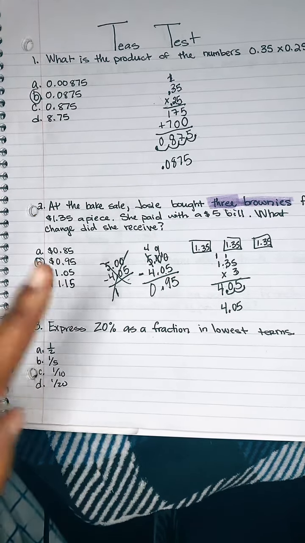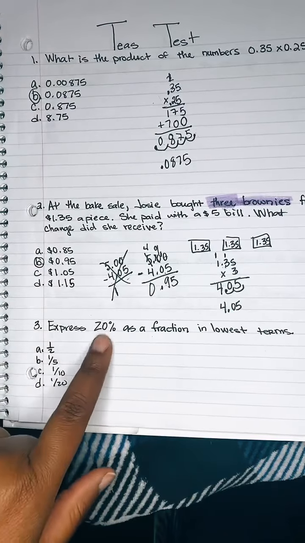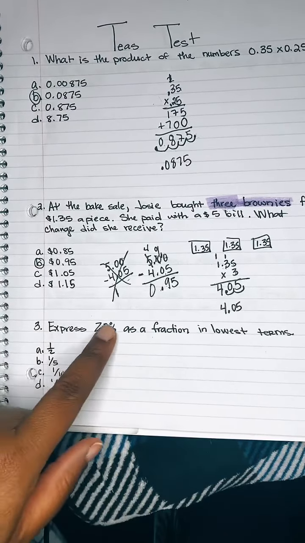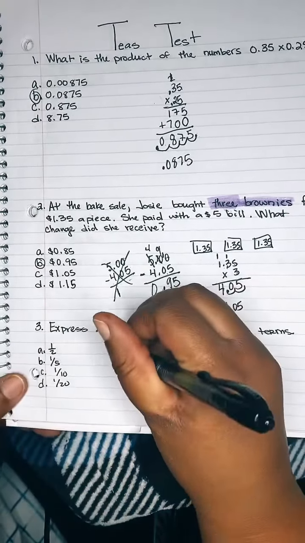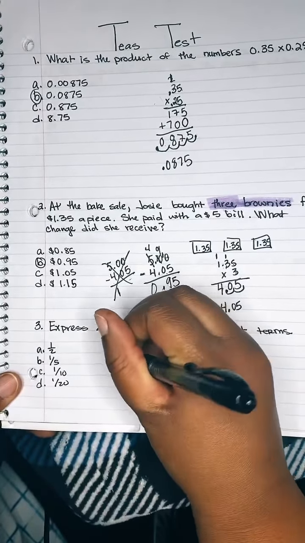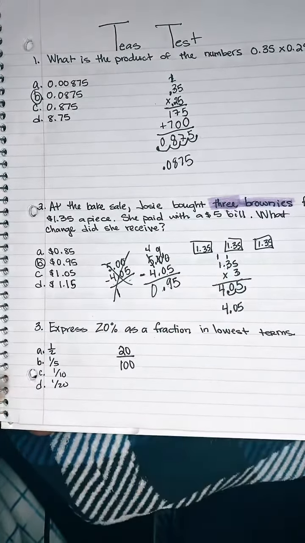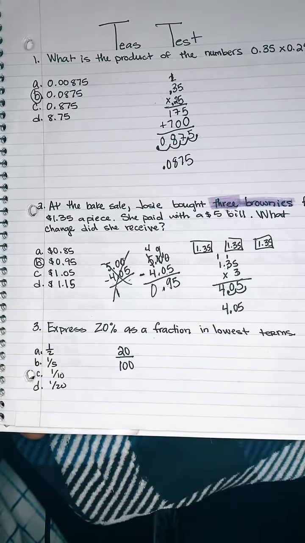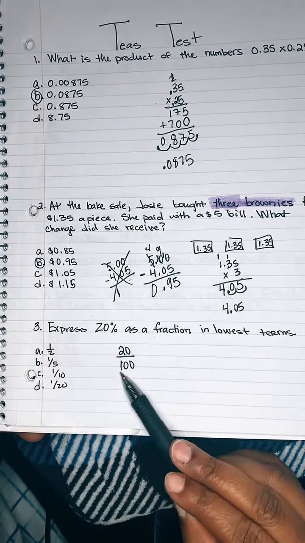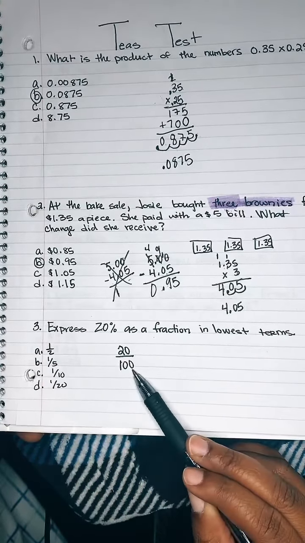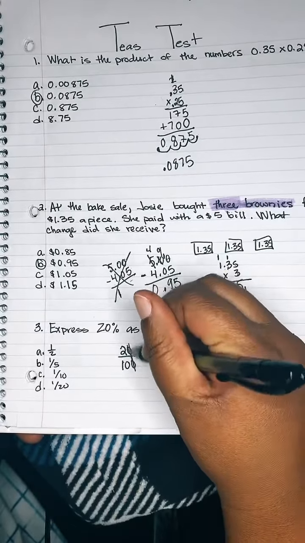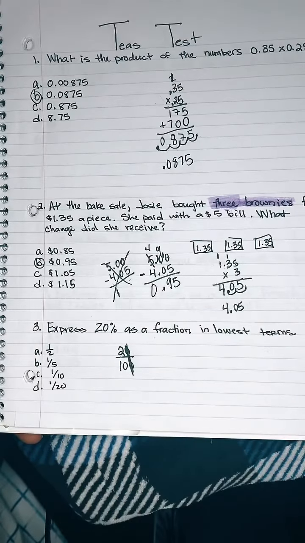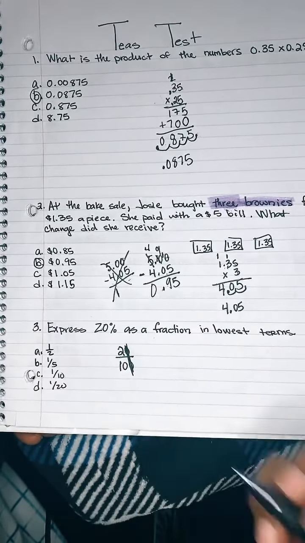Whenever we want to make this a fraction, you have to think about what percent means. Percent means per 100. So we can put 20 over 100. Now we want to simplify. So we can cancel out these zeros. And now we have 2 over 10.